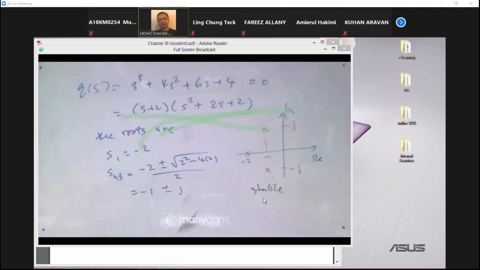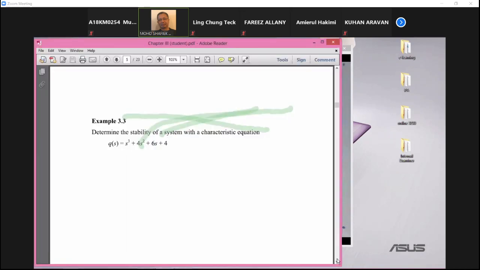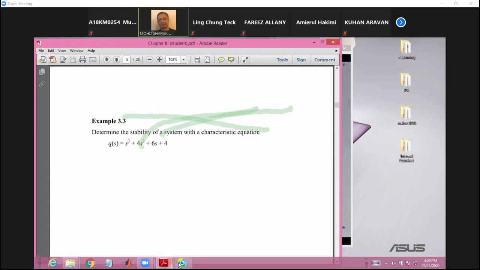So a third order system is going to have 3 poles or 3 roots. As long as all the roots lie on the left hand side of the imaginary axis, then we say that the system is stable. Let's go on to the next question. You need to do this for every single system.